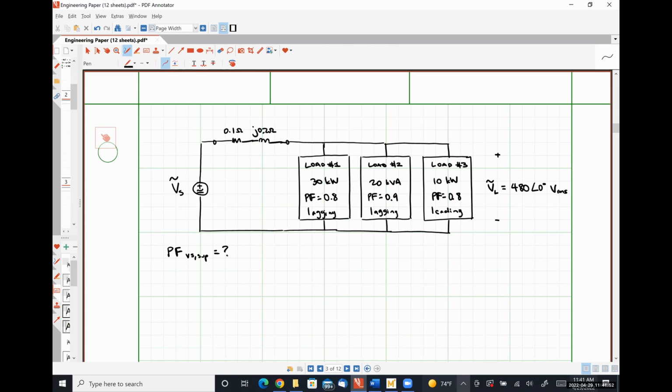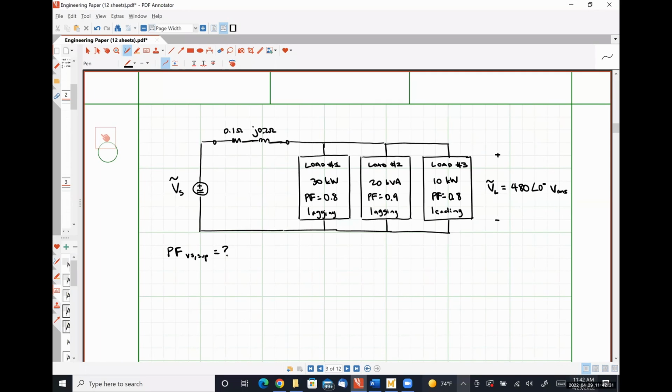So what I mean by that is I would argue that the complex power that's being supplied by our unknown voltage source, Vs, is the same as the complex power that's being absorbed by our 3 composite loads, as well as any power that might be absorbed by our transmission line. Effectively, power in equals power out. Has to be true.